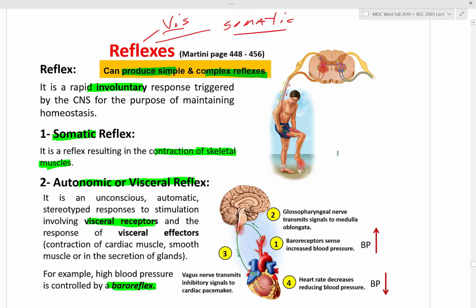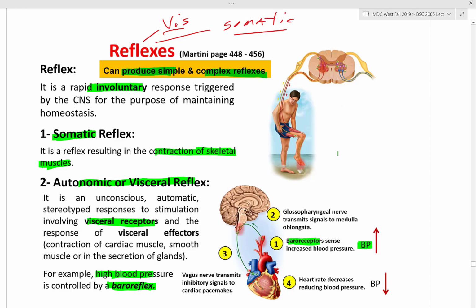So step one, whenever your heart is pumping a lot of blood out and the pressure goes over 120, so hypertension, the baroreceptors found on your aortic arch and common carotid send this high blood pressure signal.